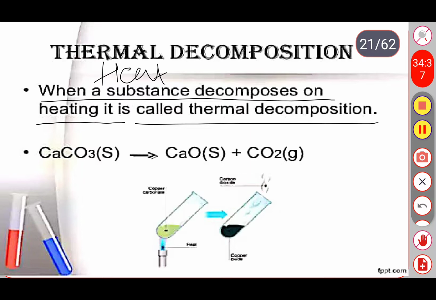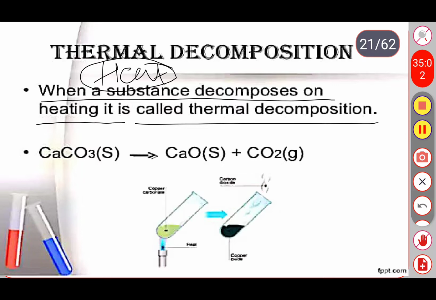Electrolytic decomposition means the decomposition takes place in presence of electric current. Thermal decomposition means the decomposition takes place in presence of heat. When we supply heat, the whole compound breaks down into simpler compounds. Here we have one simple example.